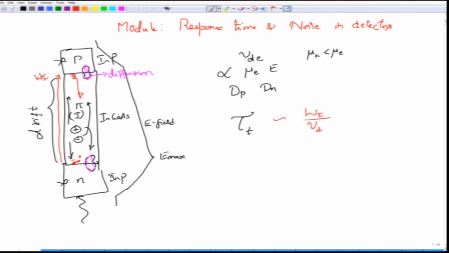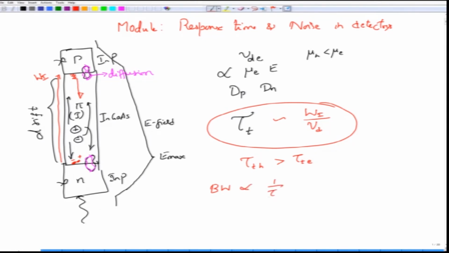So, it is this fact that transit time is inversely proportional to Vd, which causes the transit time to be larger for the holes compared to the transit time for the electrons. And bandwidth, or the response time, being roughly the inverse of this transit time, you see that it is almost limited mainly because of the holes. So, bandwidth gets reduced because of this reason.